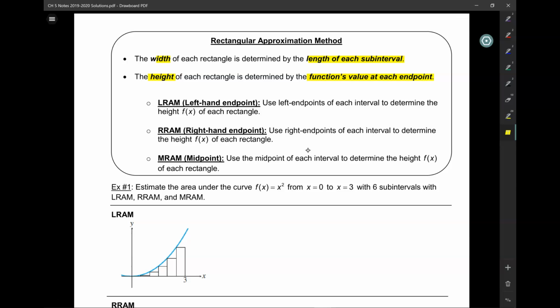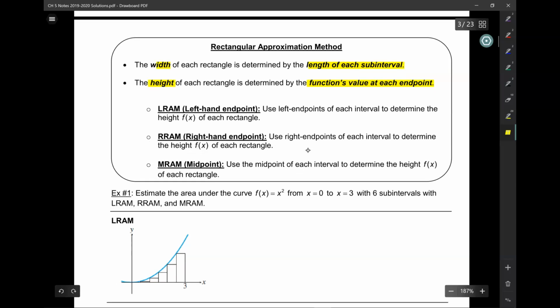Now, there are several ways that we can draw our rectangles. If I had a curve like this, and let's say I made 1, 2, 3 rectangles, or partitions, going from A to B, so I have 1, 2, 3 subintervals here.